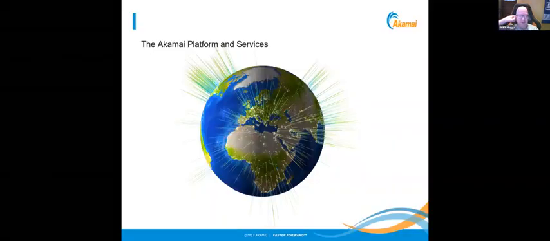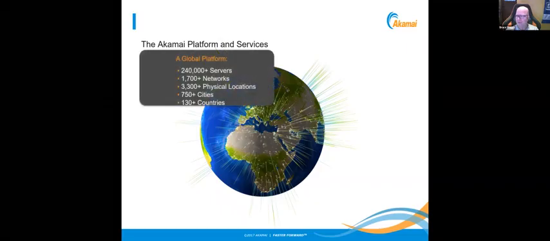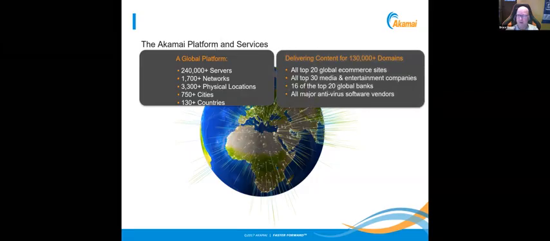Okay. So some statistics, and these are a year old, but Akamai has 250,000 servers. They're on 1,700 different networks or ISPs. They're in over 3,000 physical locations in 130 countries.